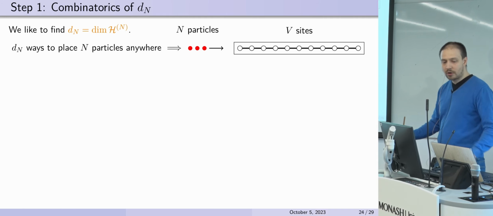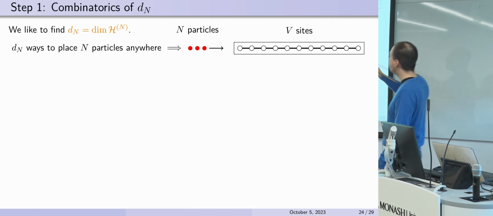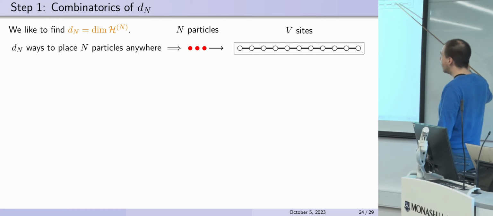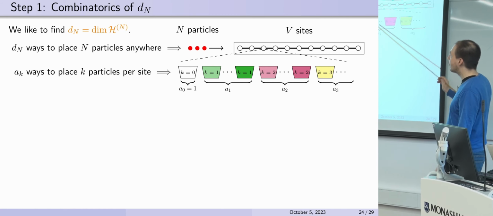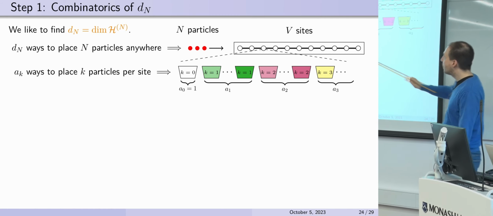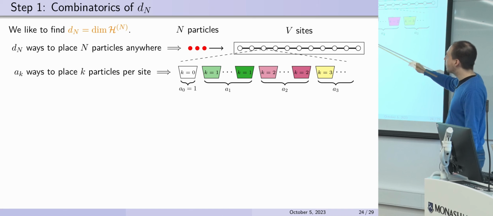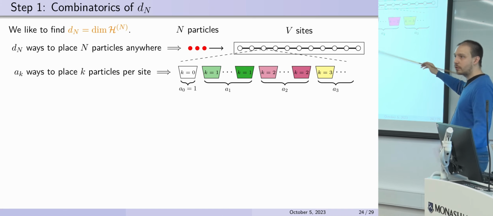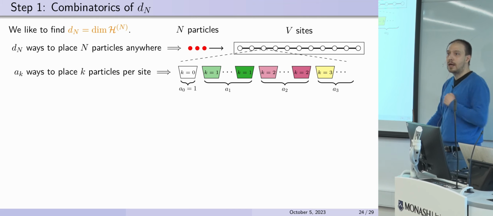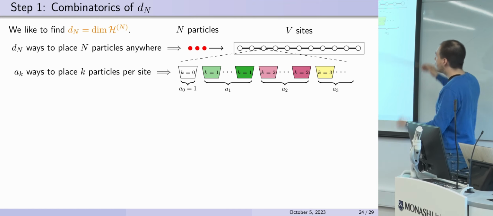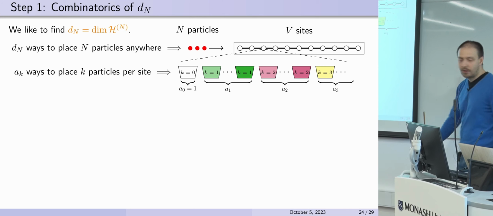Well, it's a combinatorial problem. We want to distribute n particles over V sites, and if we zoom into each site, we have different buckets. We have one bucket for the vacuum, but for example, for the way we can place one particle, we would have a_1 buckets corresponding to the different ways to place one particle on one site. And similar for 2 particles and so on.